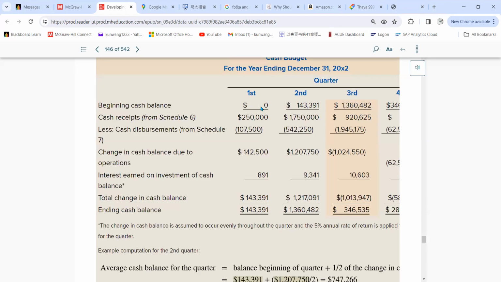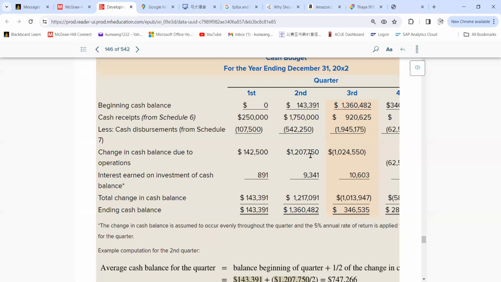We start over, so you don't really have carrying asset balances from the past period. So we start from zero cash, and then the cash receipts minus the total cash payments, and we have a total cash change, the changing cash balance for the third quarter.